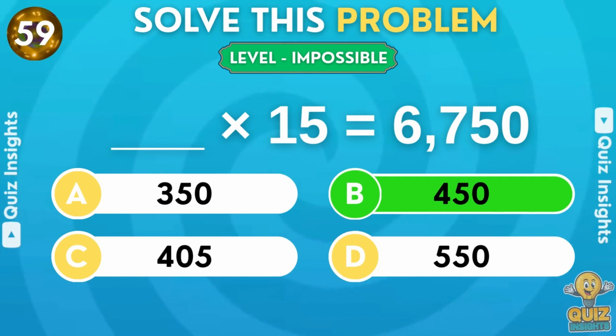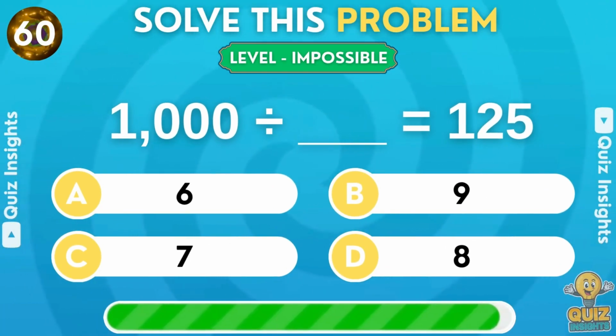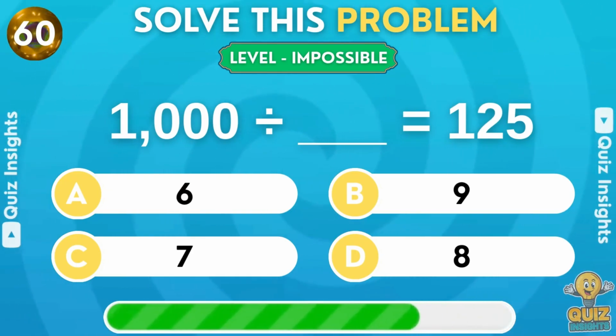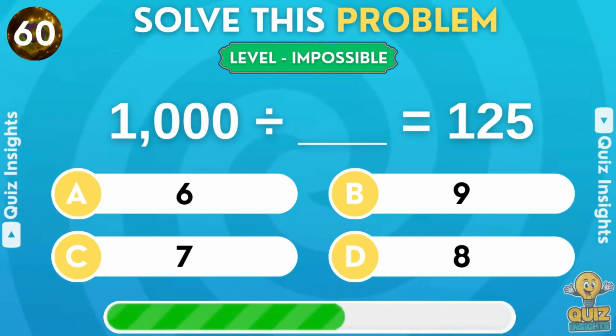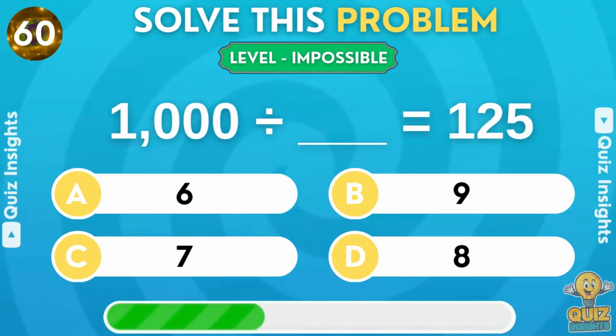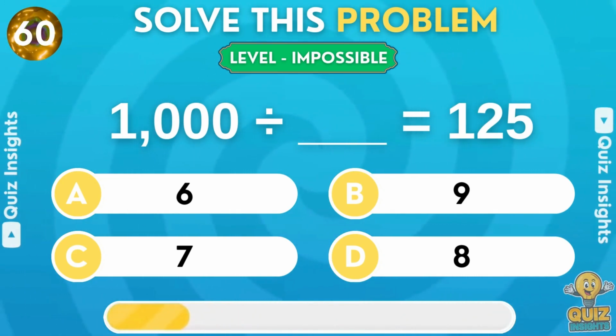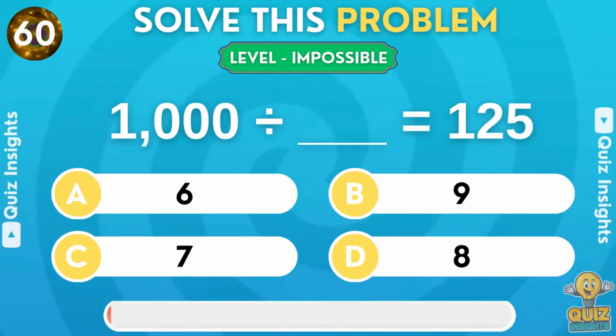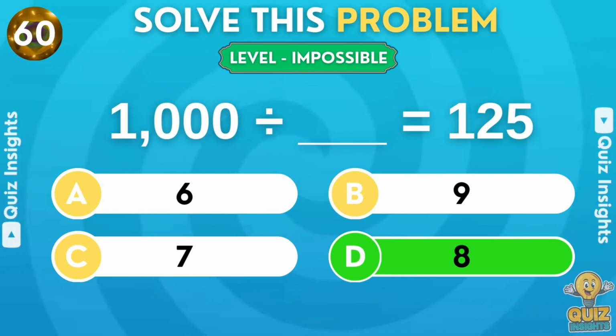It's 450. 1,000 divided by what number equals 125? Correct answer is 8.